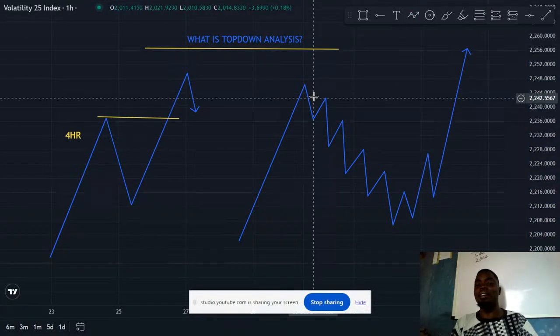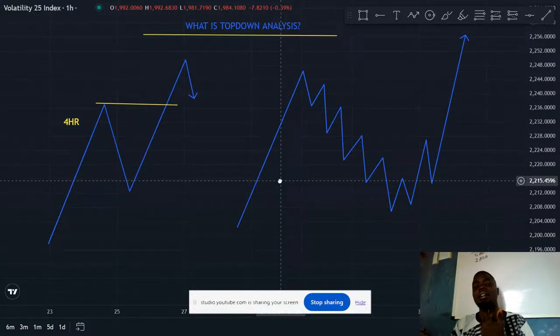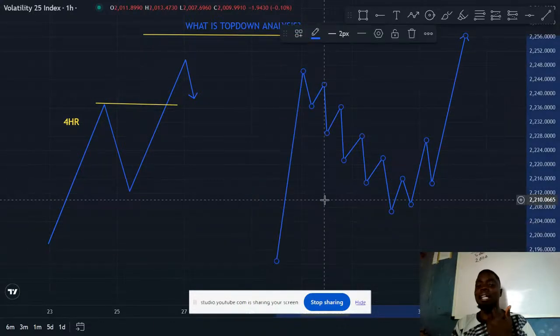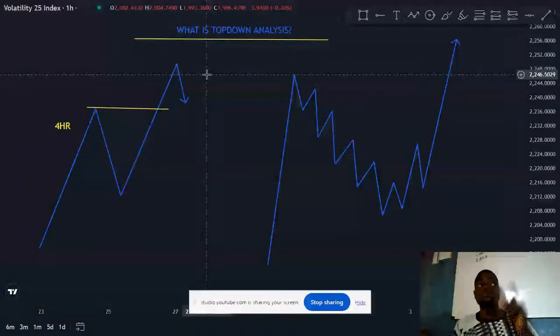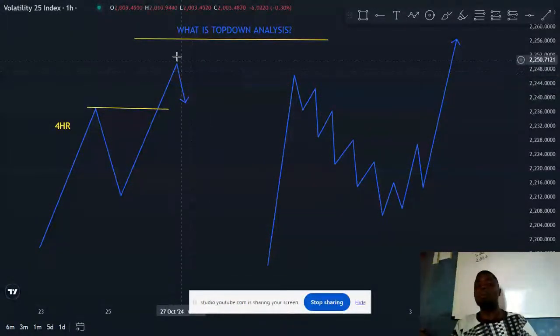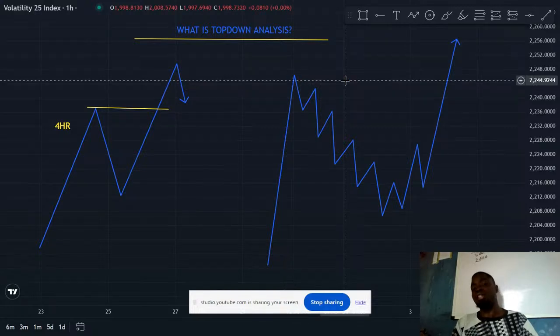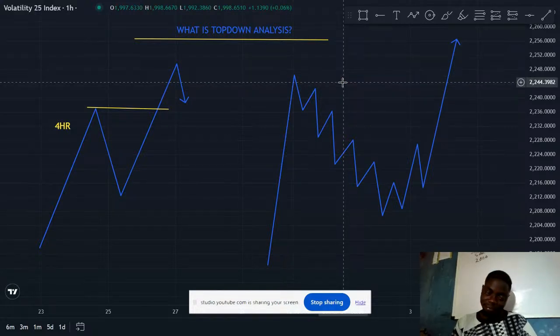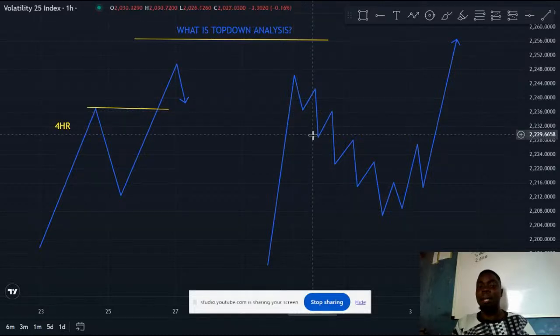So if you scale down to the 15 minute time frame, you will see it as an entire downtrend. Before this pullback sets in, you need to see a shift in market structure, which we have here, and then price pulls back.